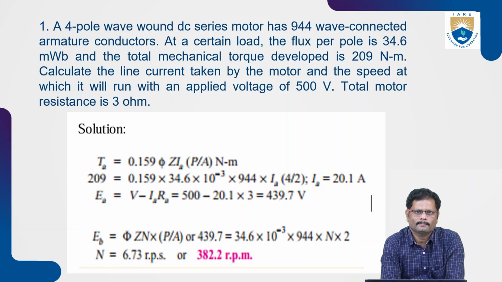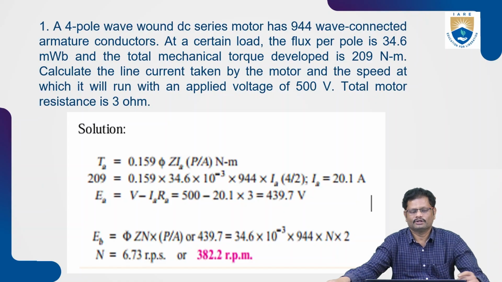Calculate the line current taken by the motor and the speed at which it will run with an applied voltage of 500 volts. Total motor resistance is 3 ohms.